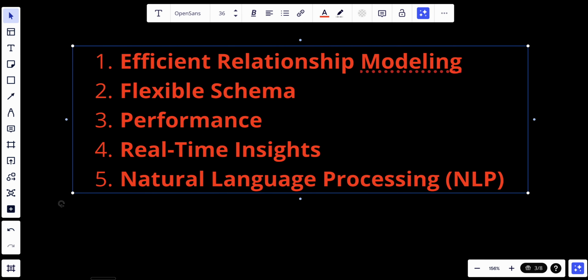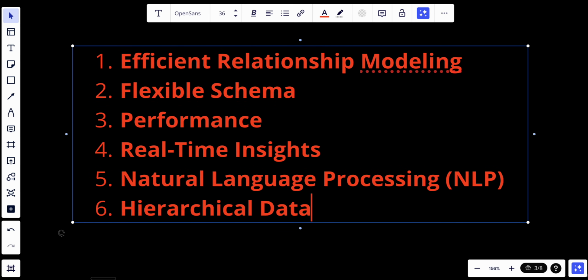We also have the last two. It's great for hierarchical data. When dealing with hierarchical data or tree-like data structures, such as organization charts, file systems, and product category hierarchies, graph databases can represent these structures more intuitively than relational databases.